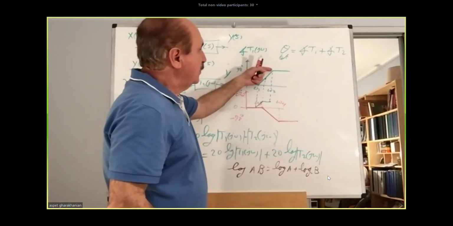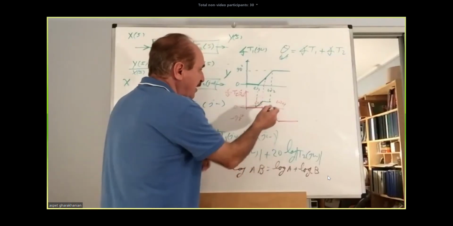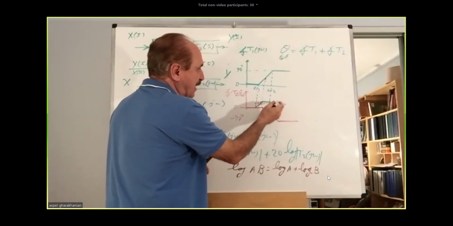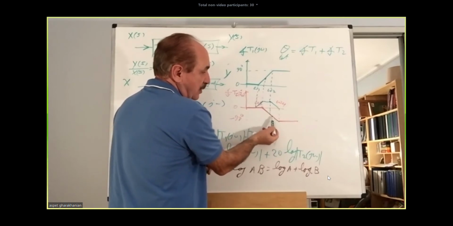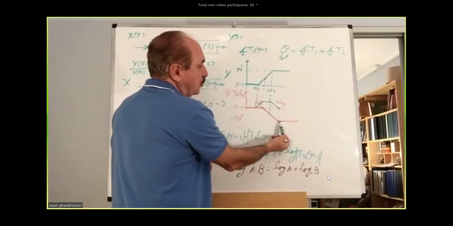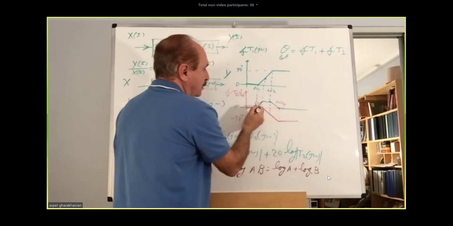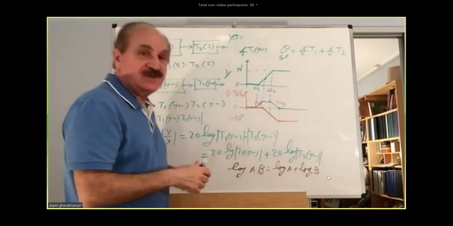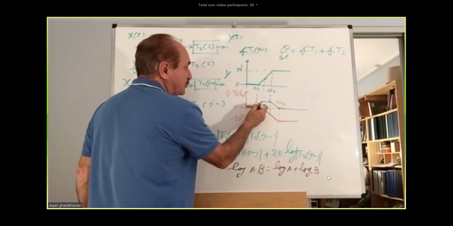Then the green one has 0 rate, so it's not adding anything, but the red one does go down with that rate, so you will slope down at the same rate as the red one, and then from this point onwards, there is no rate of increase, so it is going to stay flat. So we can conclude that the total phase angle is going to follow this brown track.